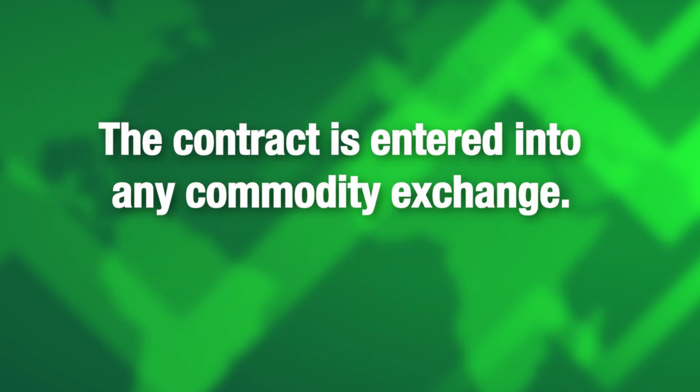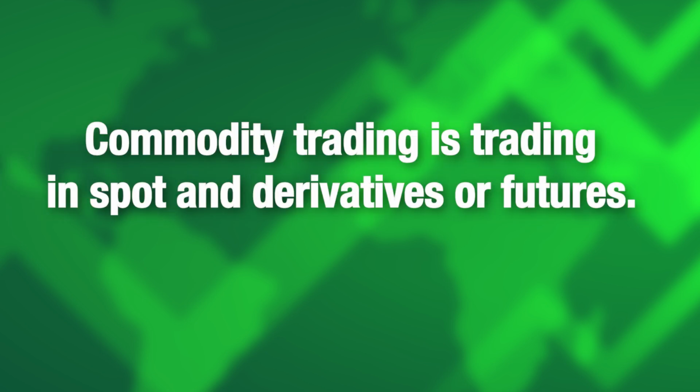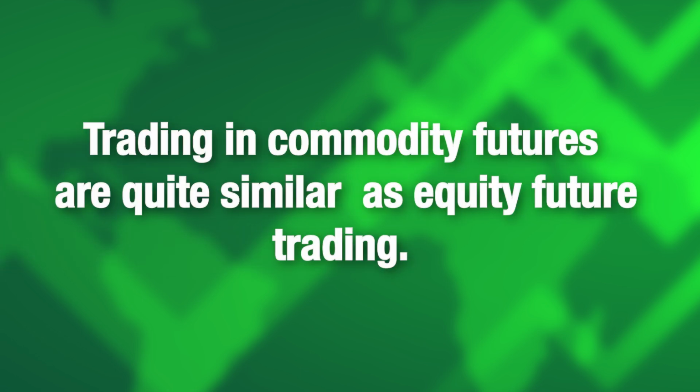You can distinguish that in commodities, quality is a very important factor, as well as quantity. The contract is entered into on a commodity exchange, but the OTC platform is not regulated. Commodity trading is trading in spot and derivatives or futures. Trading in commodity futures is quite similar to equity futures trading.